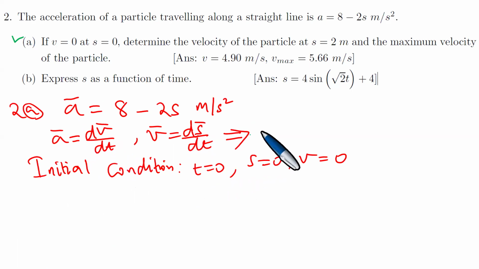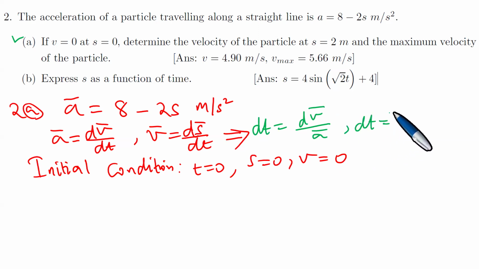Making dt the subject here, dt equals dv on a, and dt equals ds on v, like this. We have been able to make dt the subject in each of these particular cases.